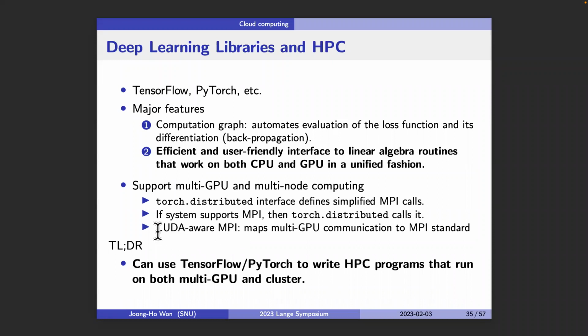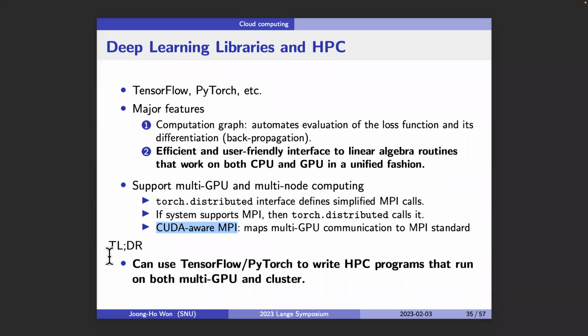And there's also something called CUDA-aware MPI, which maps multi-GPU communication to just MPI calls. So it basically knows what I have done for multi-GPUs using CUDA libraries. But if you have this library, then you can code what I have done in 2015 in, say, a couple of hours.